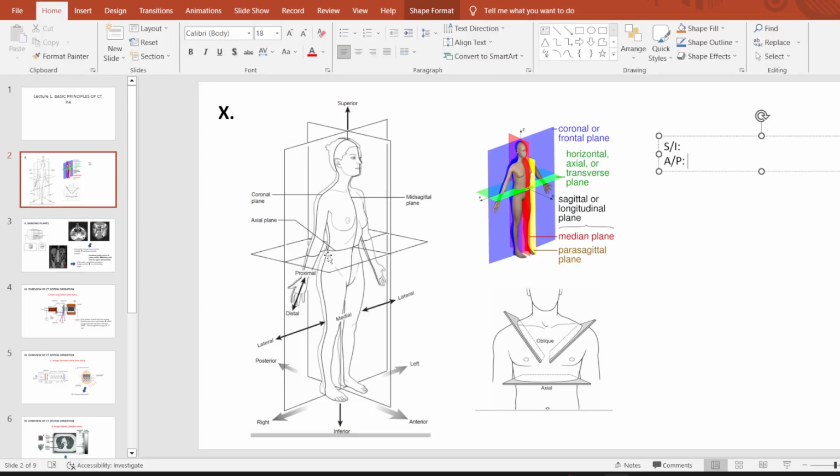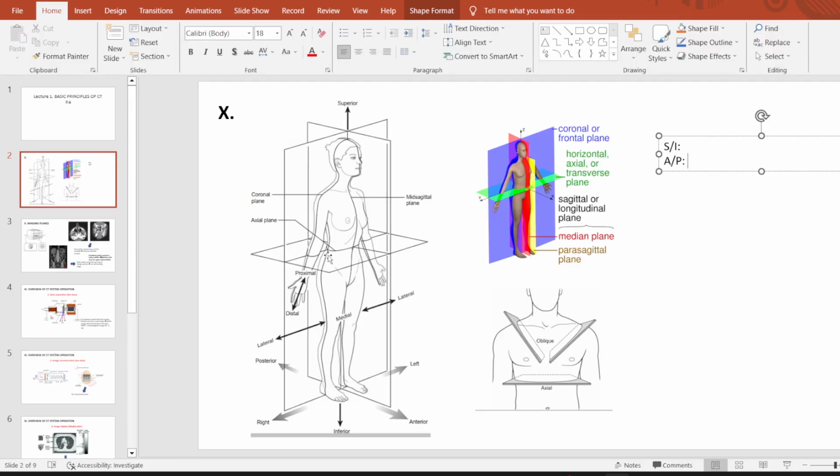Why is it so famous in CT scan? Because, as you may know, the first CT model could only scan the axial plane and could only give you the reconstructed image in the axial plane.